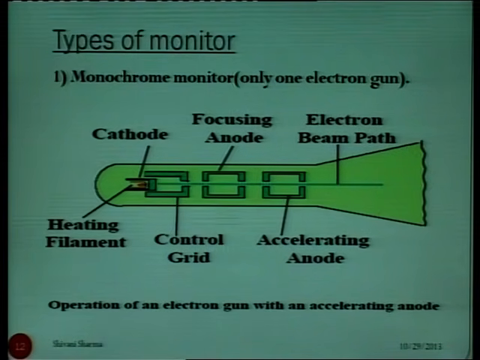When the electrons are emitted from the cathode, we have a control grid which is used to avoid the spreading of the electron beam, and when the electron beam passes through the focusing anode and accelerating anode, it strikes the screen. So, this is the general monochrome monitor in which we are using only one electron gun, and these monitors give just black and white color.